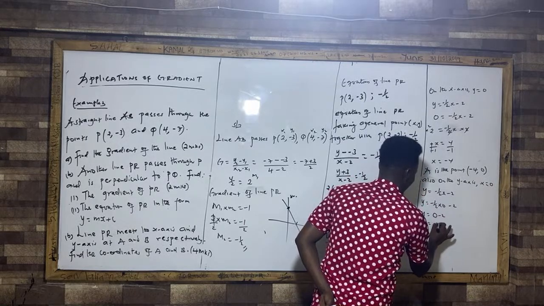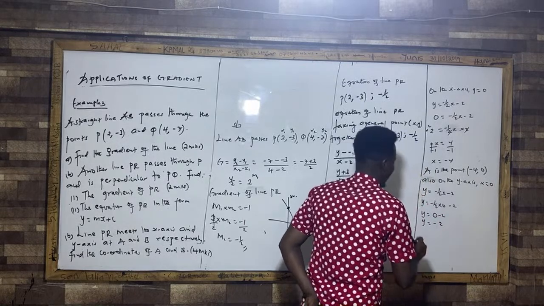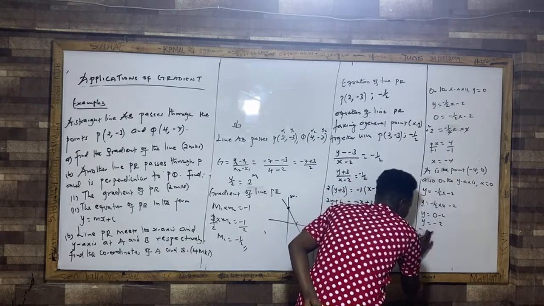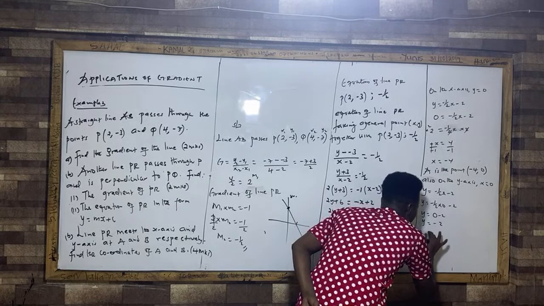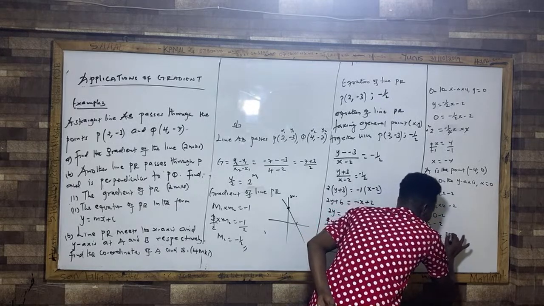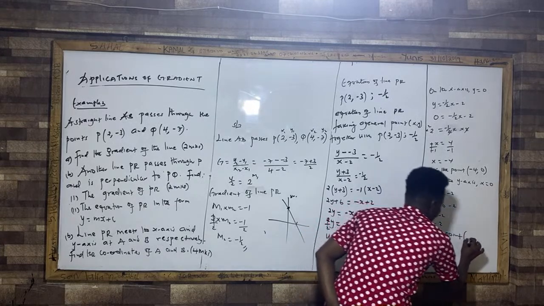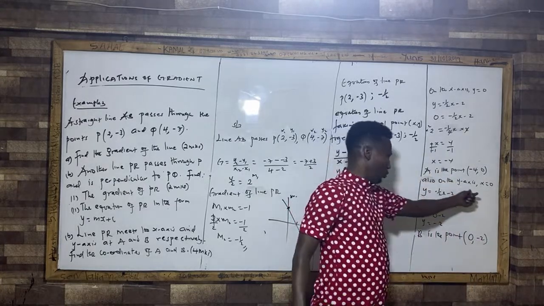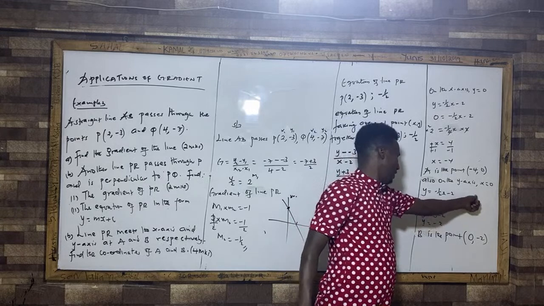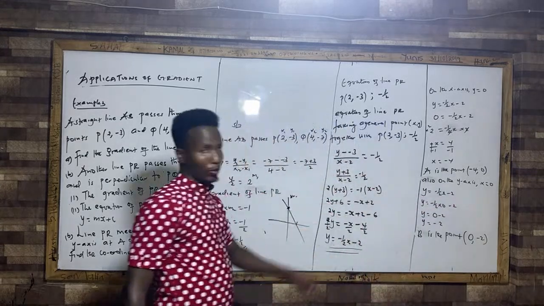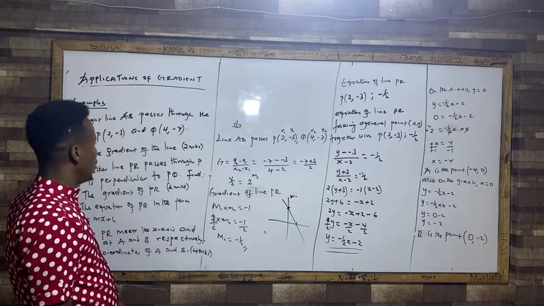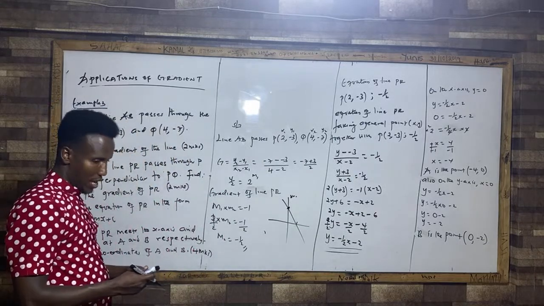So y is equal to negative 2. Then you can say B is the point, open the bracket, 0, comma, negative 2, because you said on the y-axis, x is what? X is 0. And you have gotten your y value as negative 2 for your information, okay?